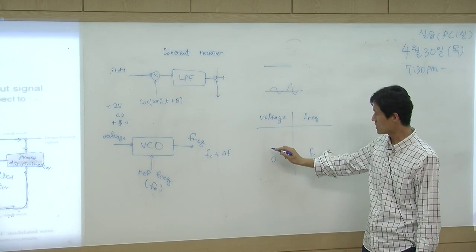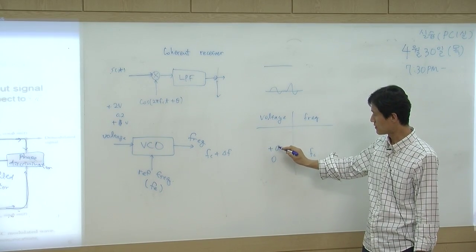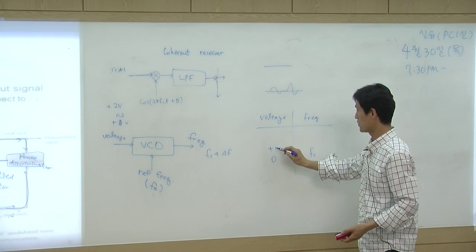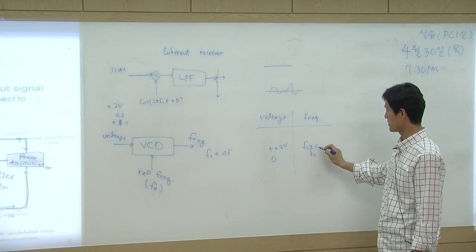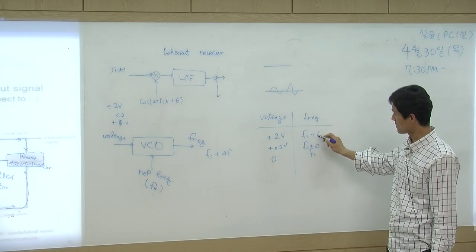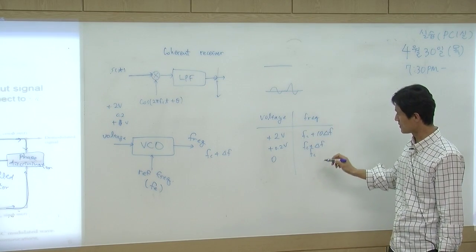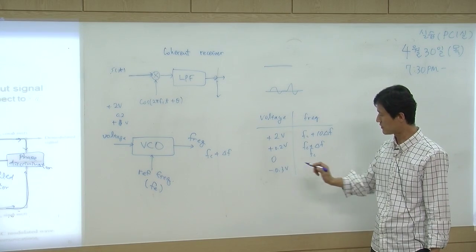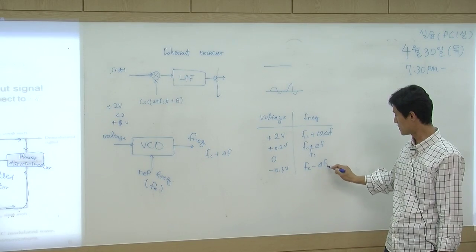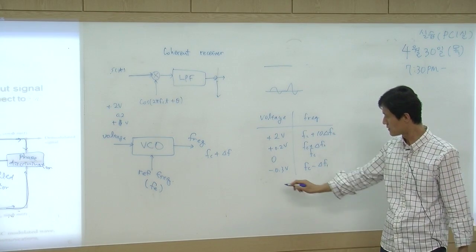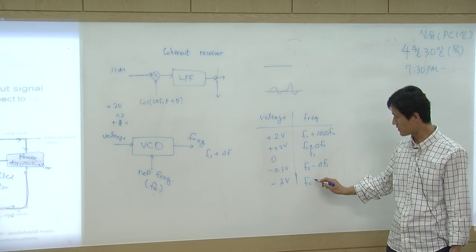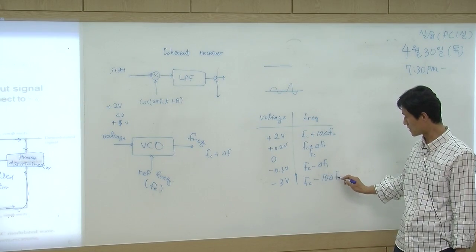If your input voltage is plus something, this is just an example, 0.2 volt, now it is FC plus some delta. And if the input voltage is plus 2, then maybe it is something like this. If some minus voltage comes in, then your output frequency is going to be something like this. If a big minus voltage comes in, your frequency is much lower than this.